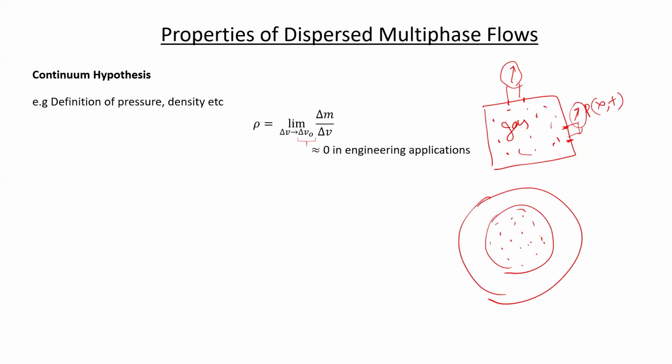You can imagine you go on zooming into the flow, such that you are in a very small region. Here you can see molecules moving around. At any instant of time, you see how many molecules you have within this and you calculate density.